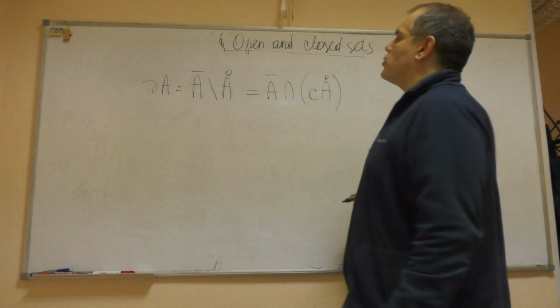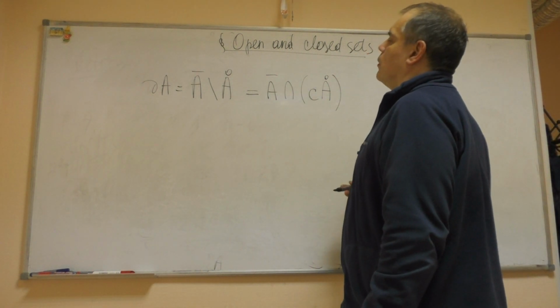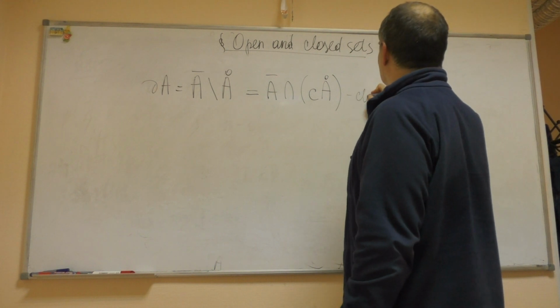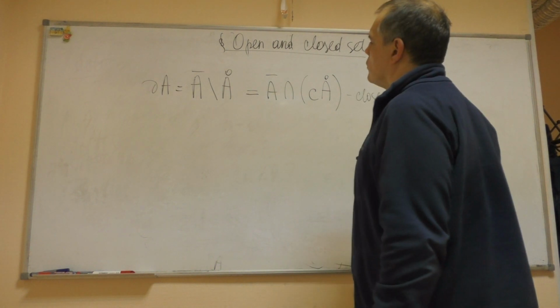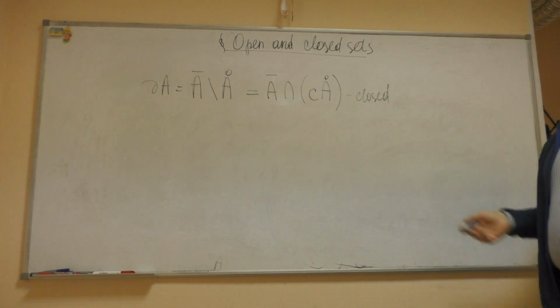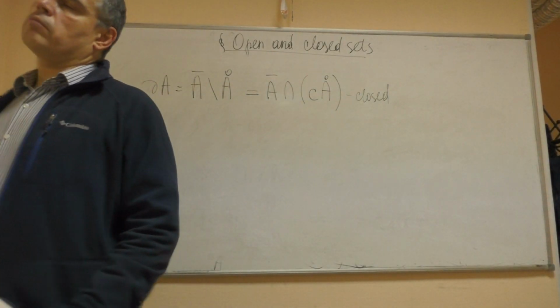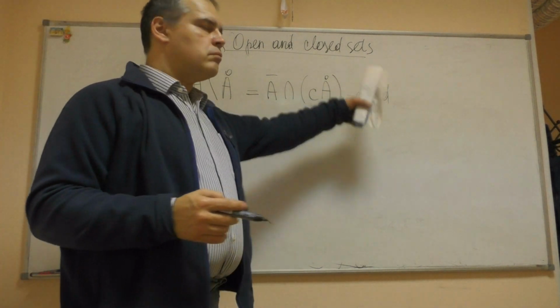As an intersection of two closed sets, it is also closed. So each boundary of any set is closed.